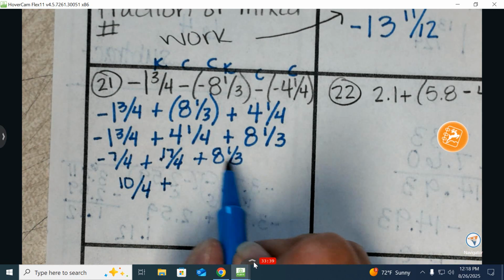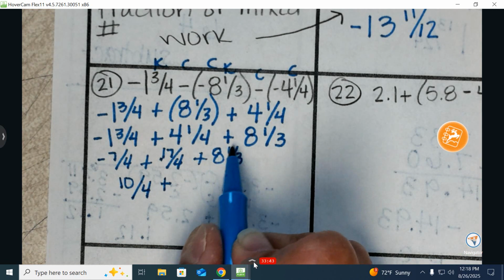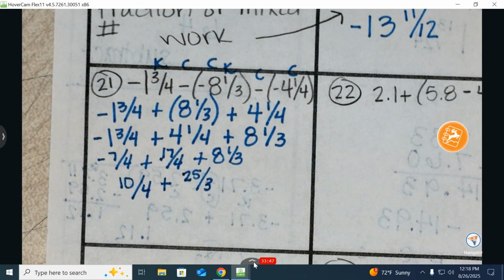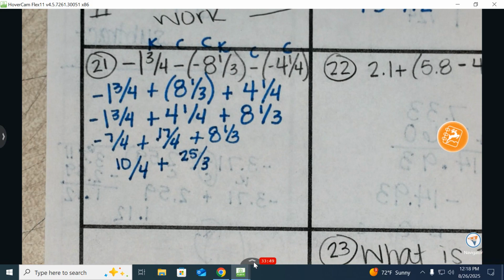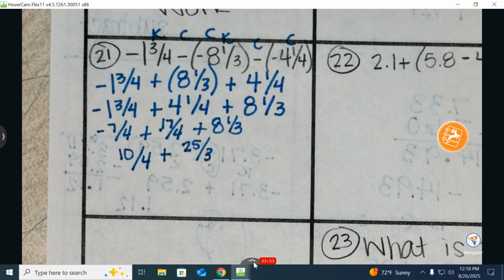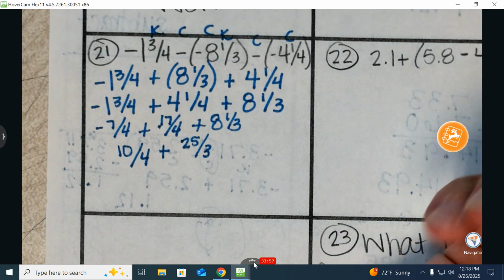Plus, I can go ahead and do this. 8 times 3 is 24, plus 1 is 25/3. Now I've got to have a common denominator. Between 4 and 3, that would be 12.